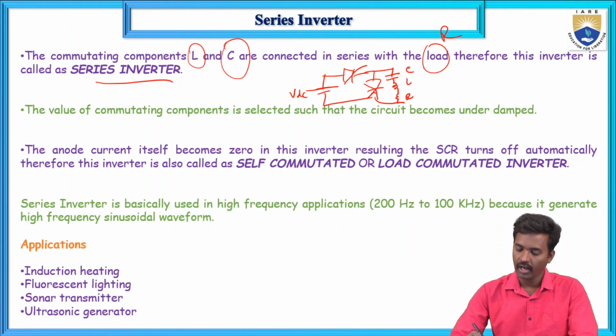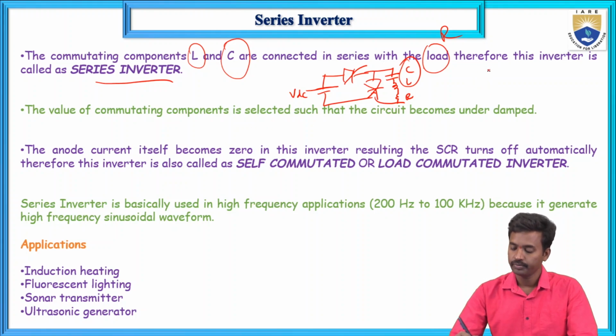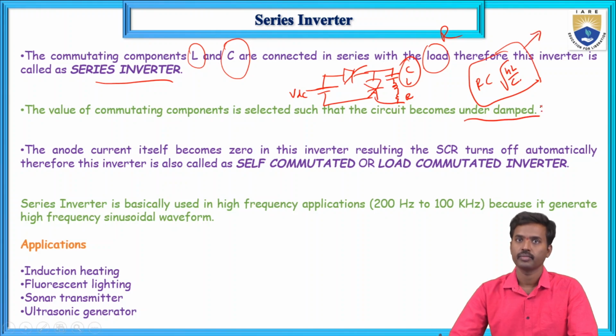Now here, by selecting proper values of inductor and capacitor, R is less than the square root of 4L by C. In this case, the system is an underdamped system.